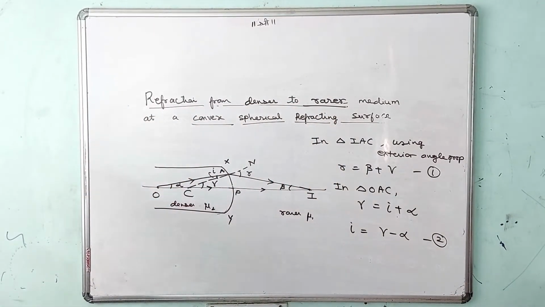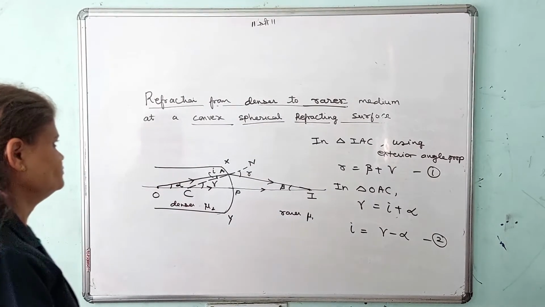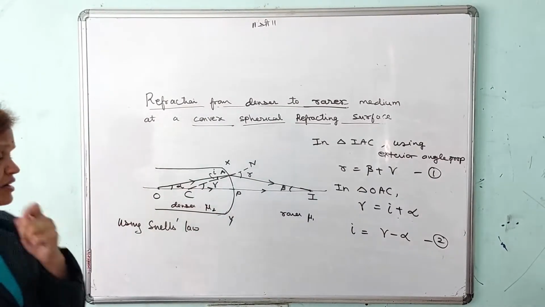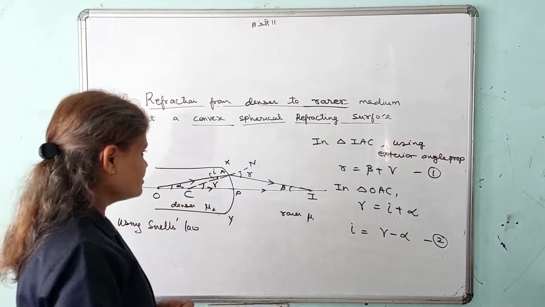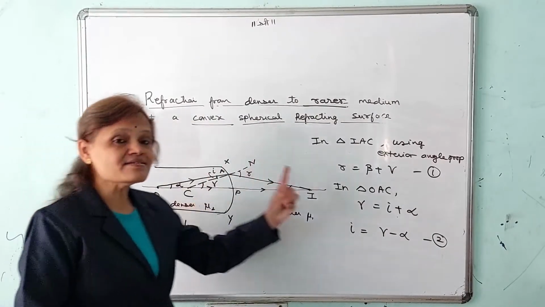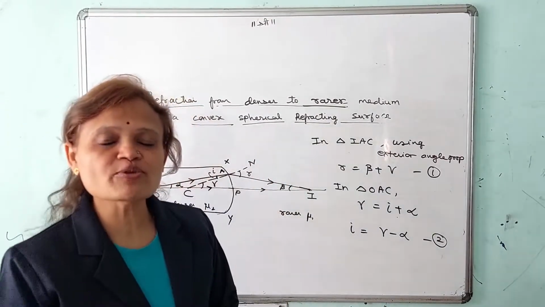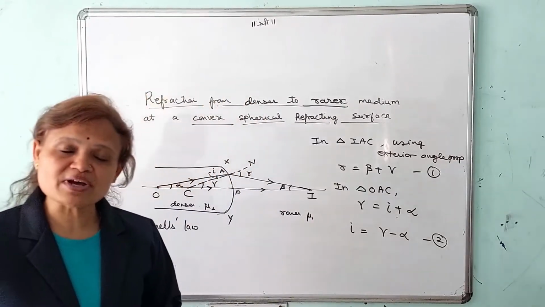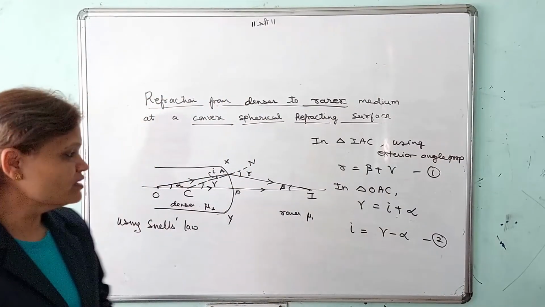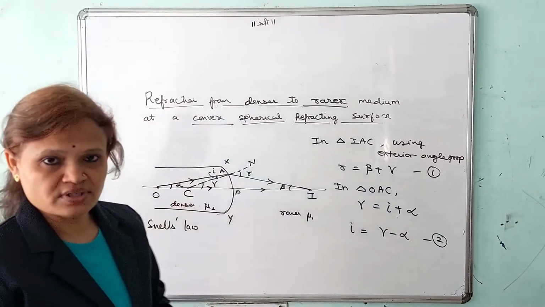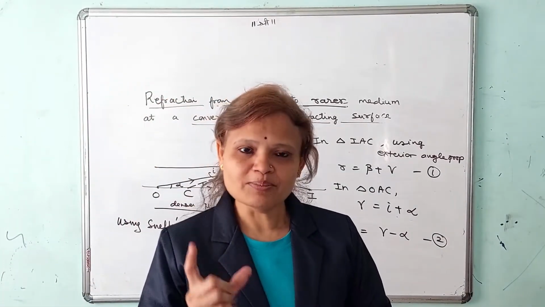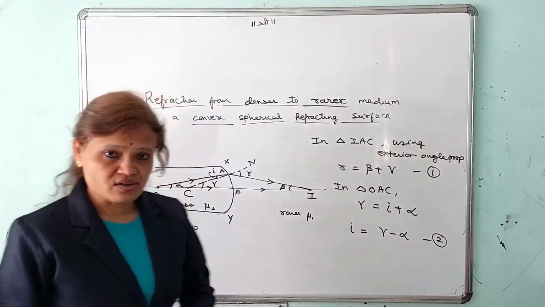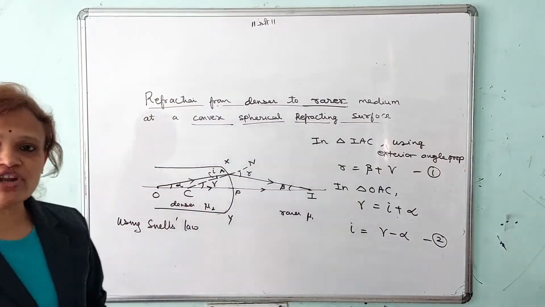The next thing is we have to use Snell's law. Now using Snell's law, here it is a very important thing. The ray is going from denser to rarer. The general formula of Snell's law is sin i by sin r is mu 2 1, because the ray is passing from 1 to 2. But here it is passing from 2 to 1. For all the details, please watch the very first video of ray optics, where we have discussed how we write the formula of refractive index.